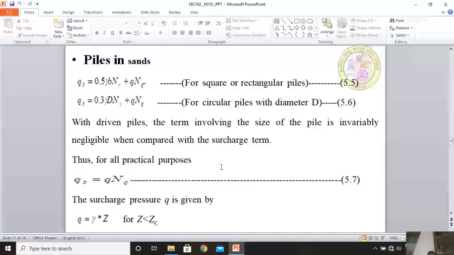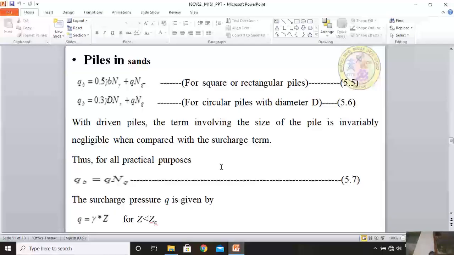For square or rectangular piles, QB equal to 0.5 times gamma B N gamma plus Q into NQ. For circular piles with diameter D, the equation is QB equal to 0.3 times gamma D N gamma plus Q times NQ, where gamma is the density of the soil, B is the diameter or width of the piles, and Q is the overburden pressure, calculated as density of the soil times depth of the soil.